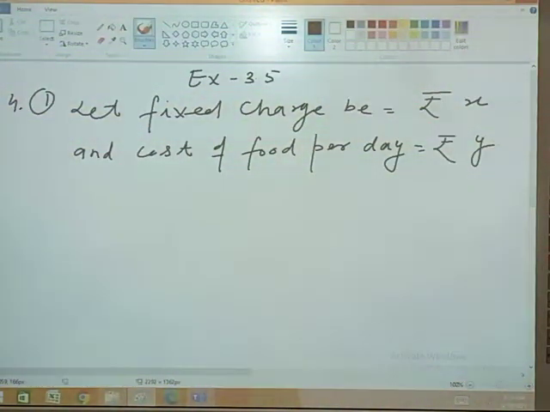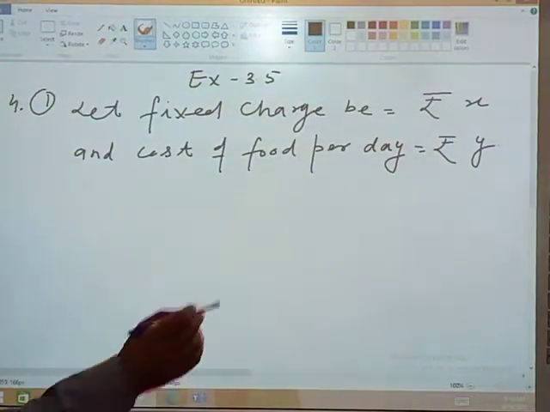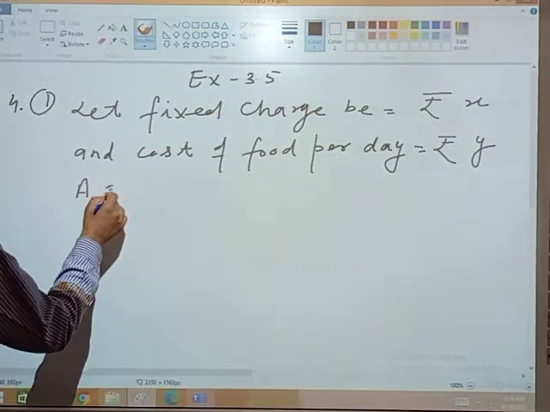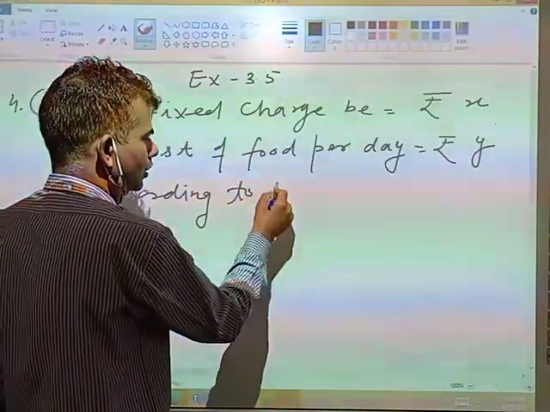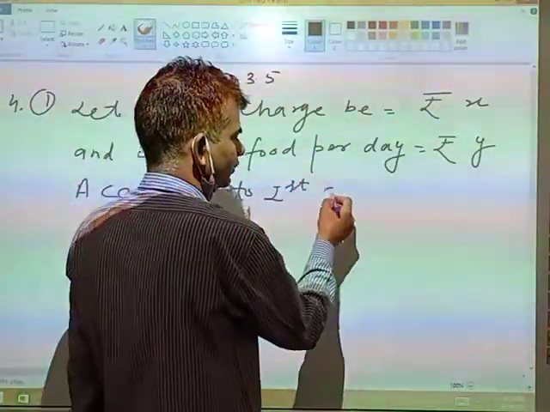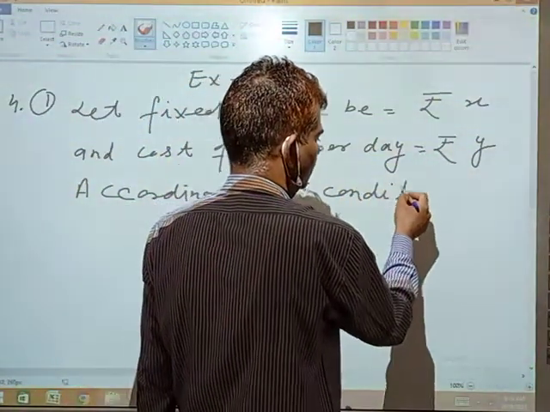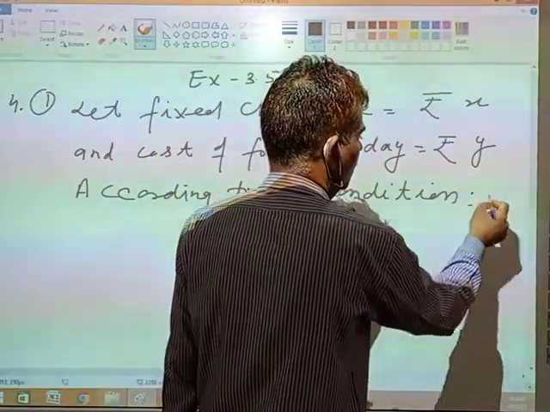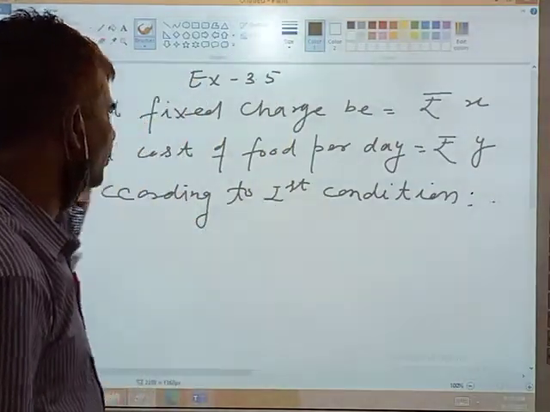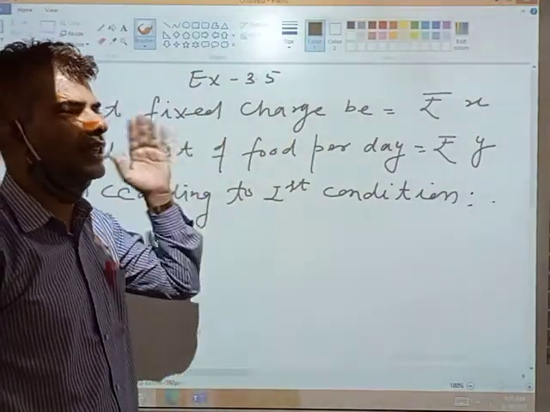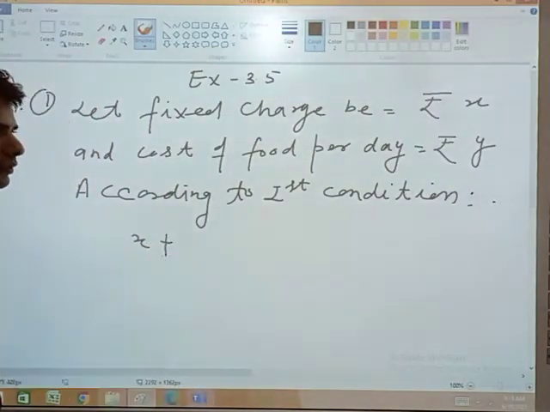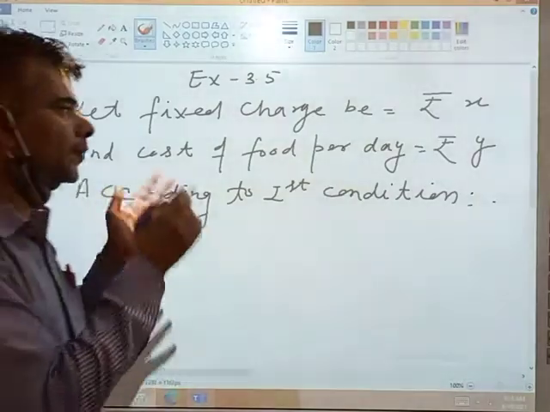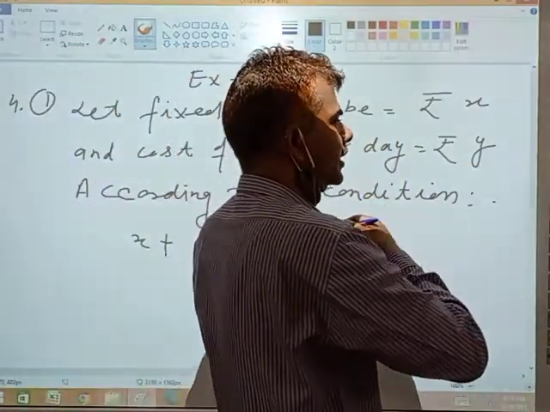When student A takes food in the mess for 20 days, according to the first condition, the fixed charge is x rupees and the cost of food per day is y rupees.